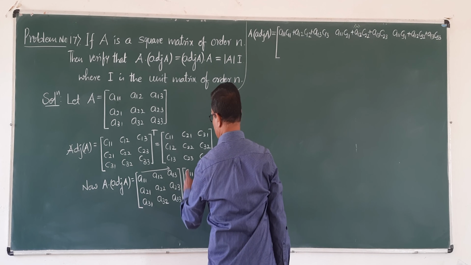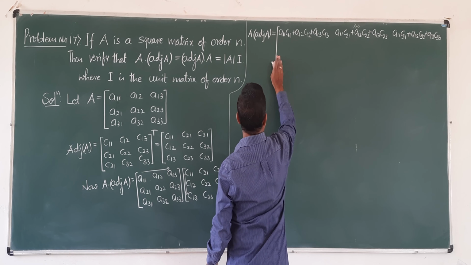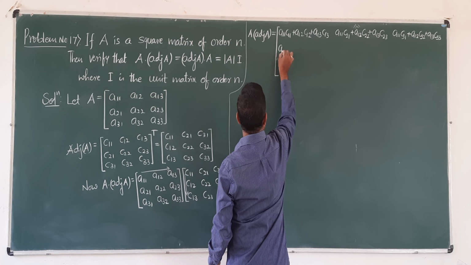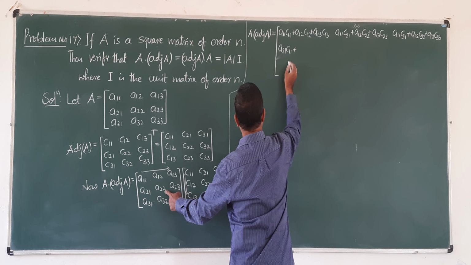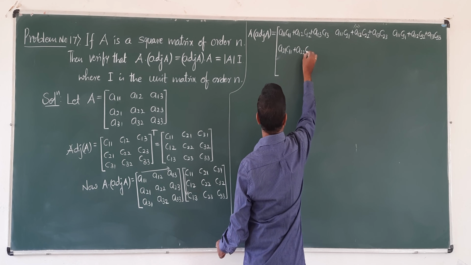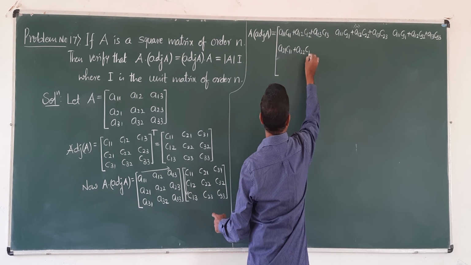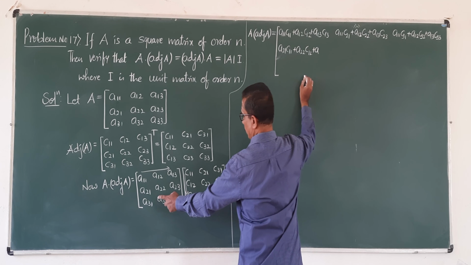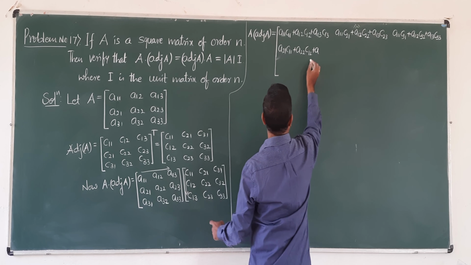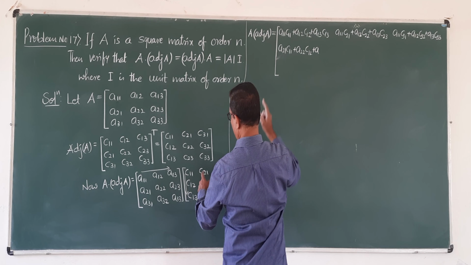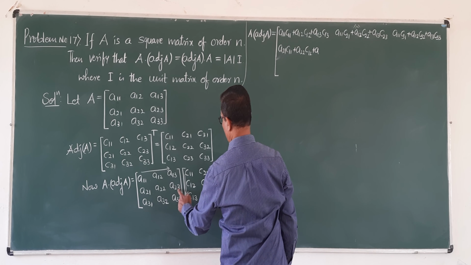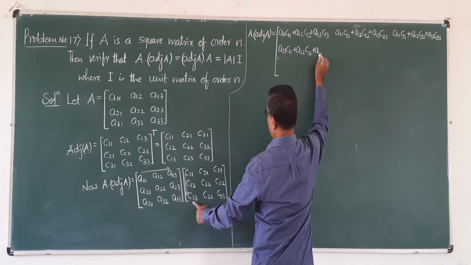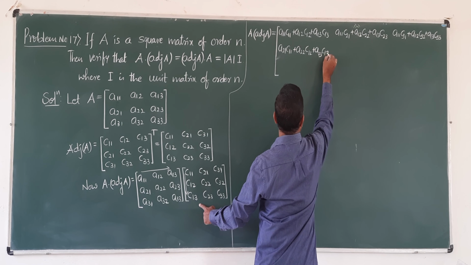Correct? Take second row by first column: A21 C11 plus A22 C12 plus A23 C13.